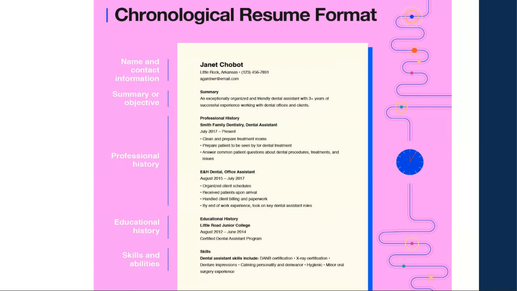Before that, from August 2015 to July 2017, she had worked in a similar kind of post as office assistant, right? So if you look at this carefully, what she has done in recent time, she mentioned above, and what she had done before that, she mentioned below, right? So this is how it is done, right?